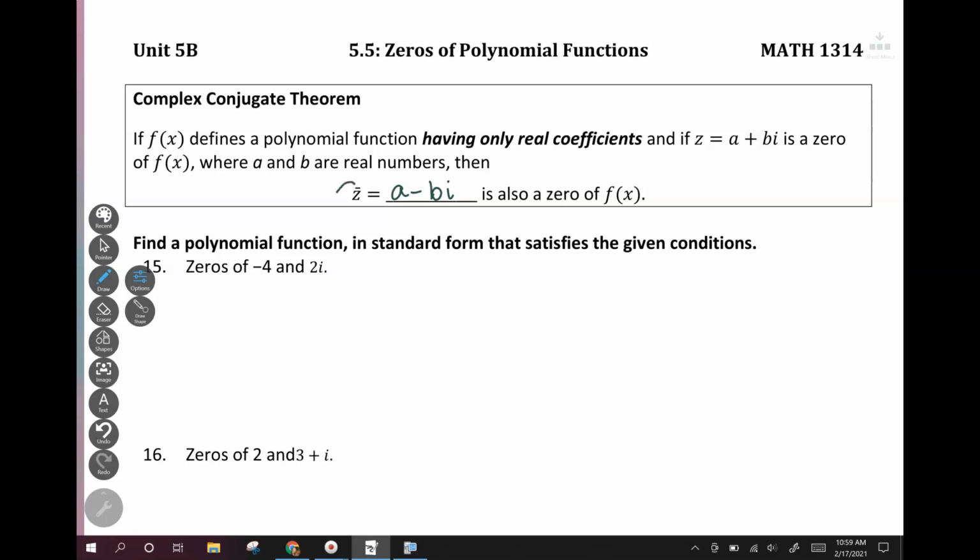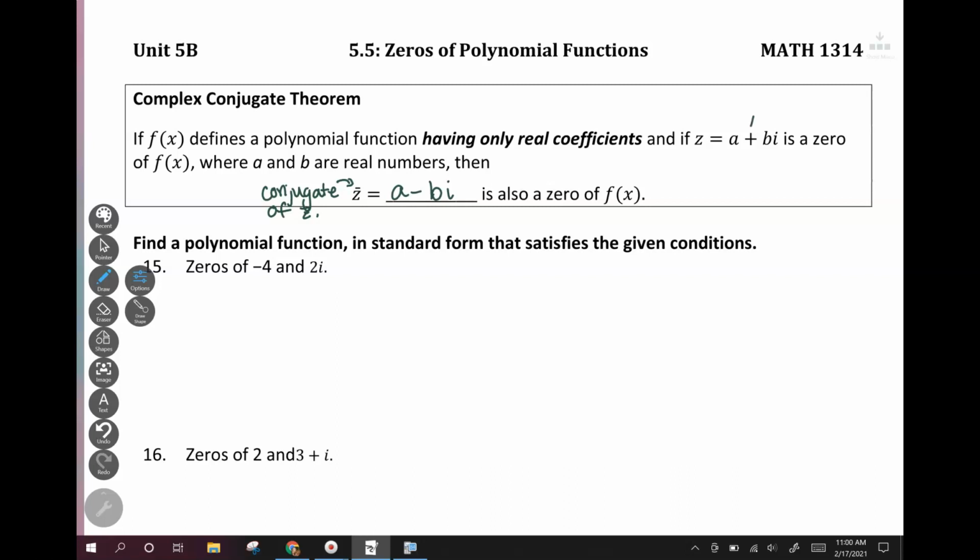So this, with the bar on top, means conjugate. That's saying the conjugate of z. So this is the complex conjugate of z, a minus bi.